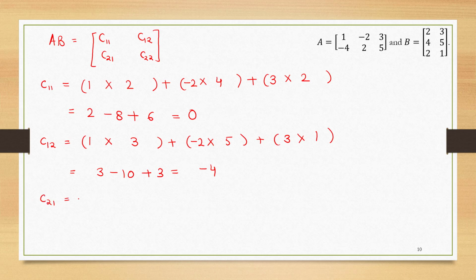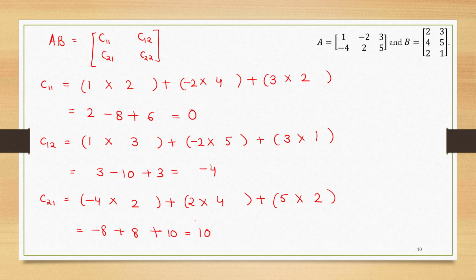Again C21, again 3 brackets. We put the second row of A, that is minus 4, 2 and 5, multiplied by the entries of the first column of B, that is 2, 4, 2. So we get minus 8 plus 8 plus 10, that is 10.